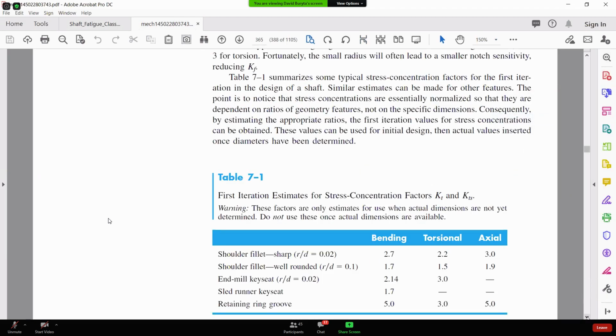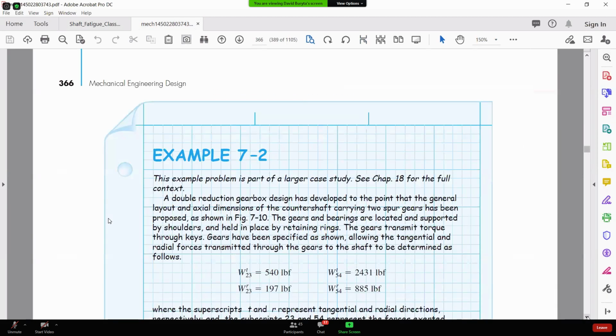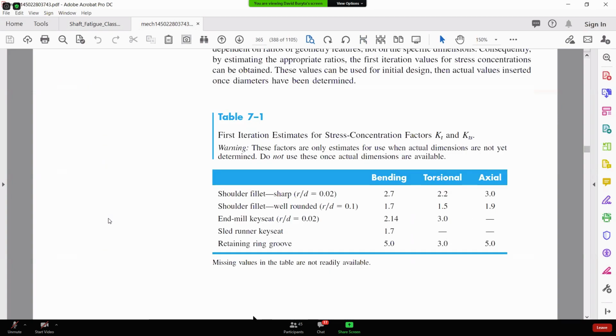They give us this table 7-1, and you see they're telling us that these are first iteration estimates for stress concentration factors. Notice what they show here: KT and KTS.